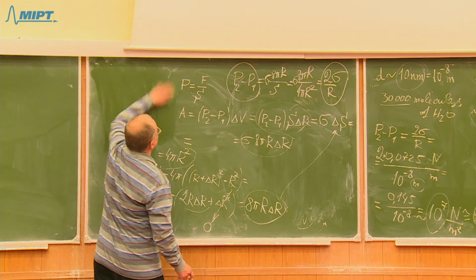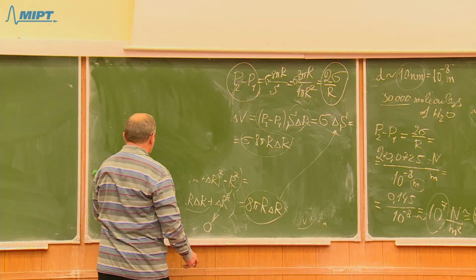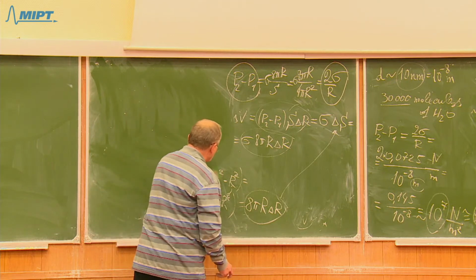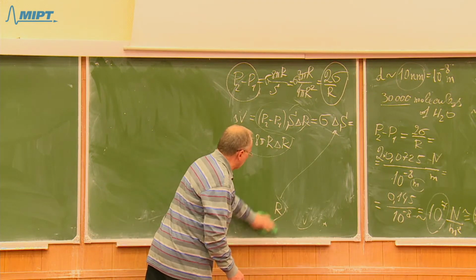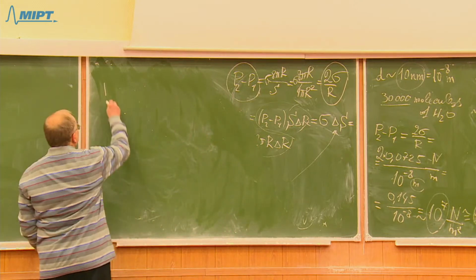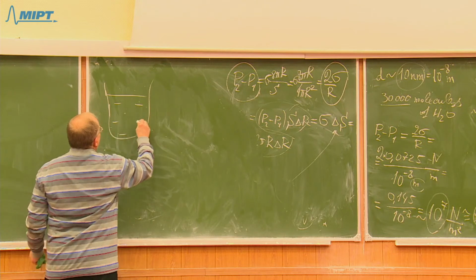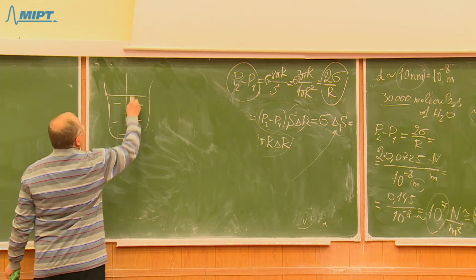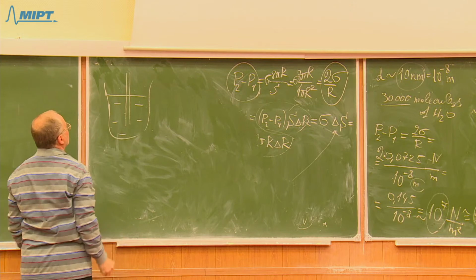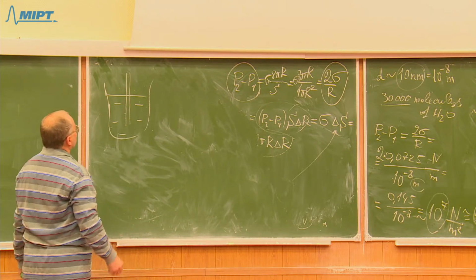Probably I will have a few minutes to tell you how this surface tension is measured experimentally for any liquid. Suppose I have a vessel with liquid and I put here a tube of small diameter.